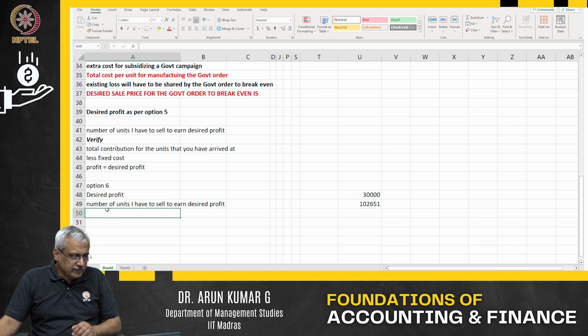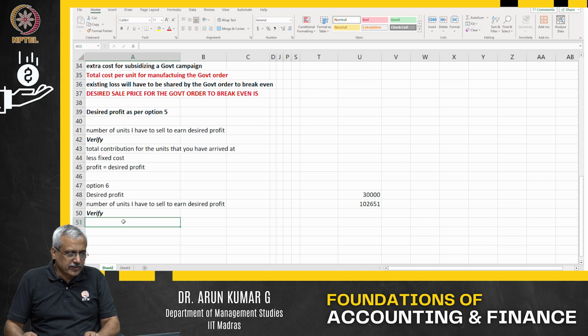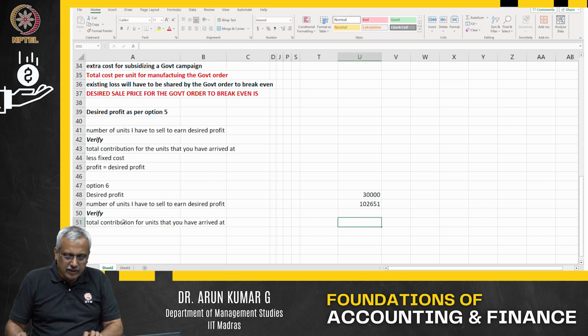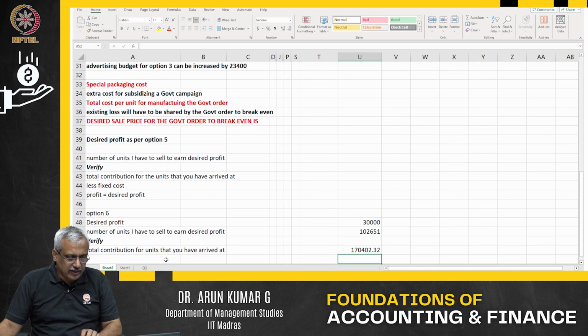Now let us verify. Total contribution for the units that you have arrived at, that is going to be 1,02,652 into 1.66.